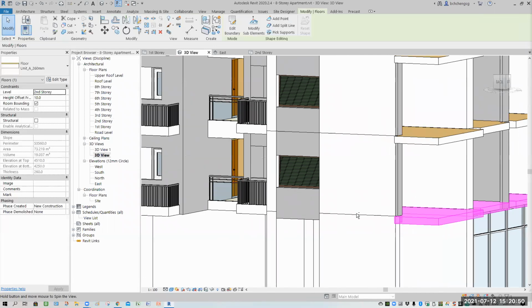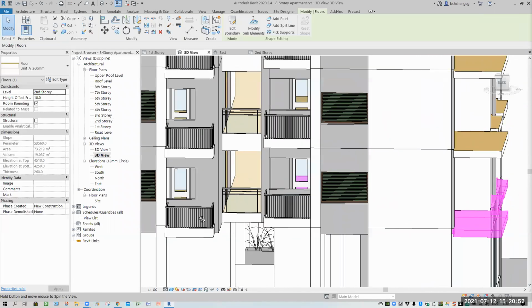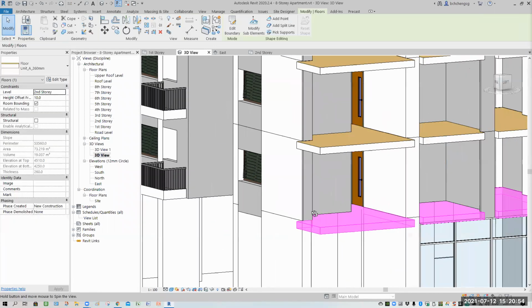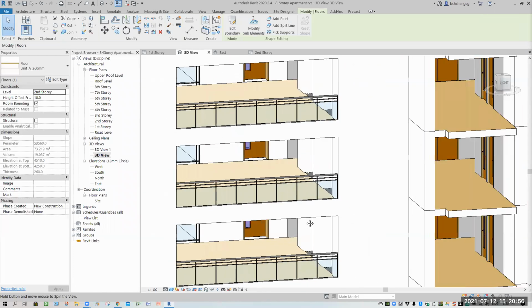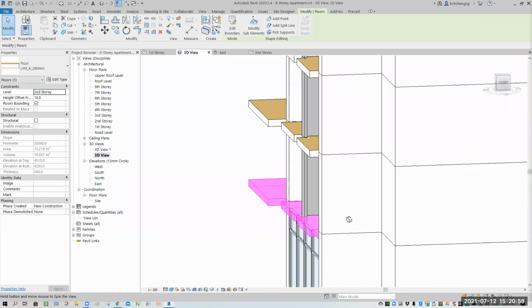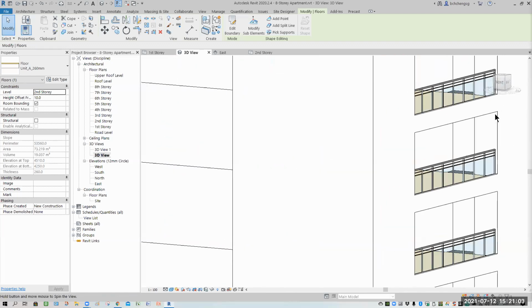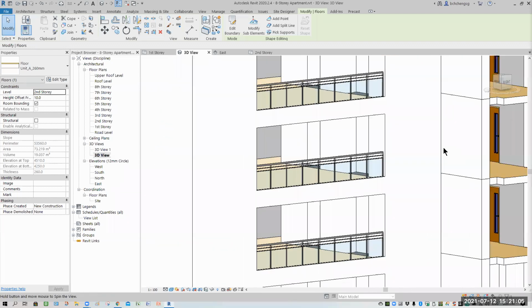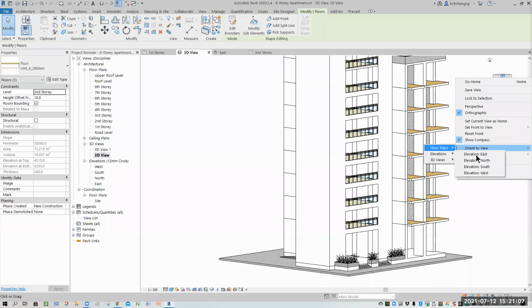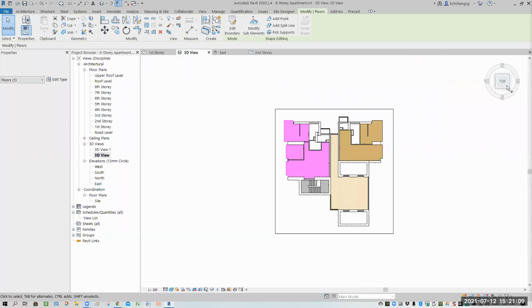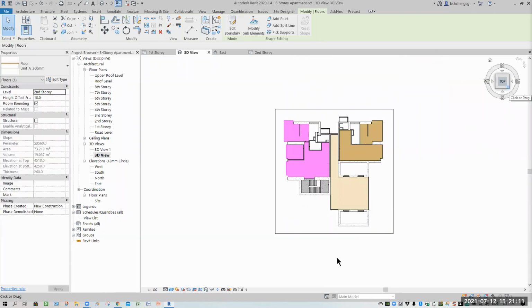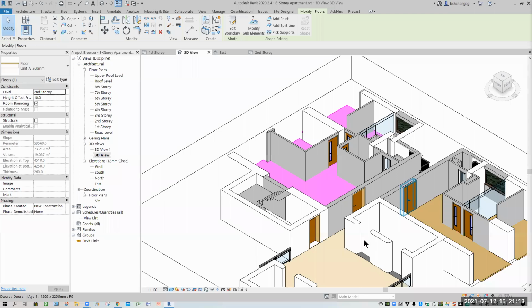you see the floor. I think now it's going to be blocked by my lift. Let me show you some other view. Second floor. Okay, like this.